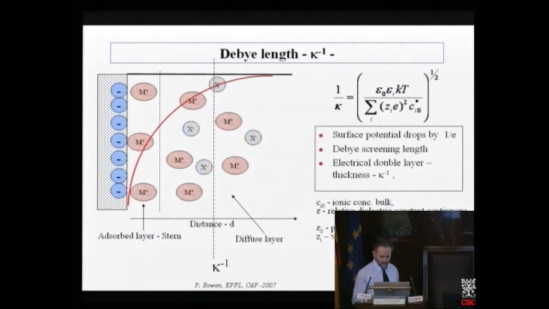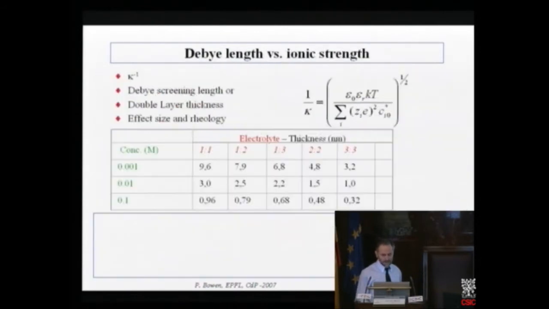So we can calculate this. Sometimes the first layer is treated as a simple capacitance, and then we have our exponential decay from the Poisson-Boltzmann and the Debye-Hückel theory. So we have our electrical double layer, which sets up.